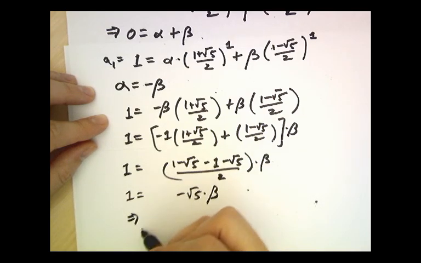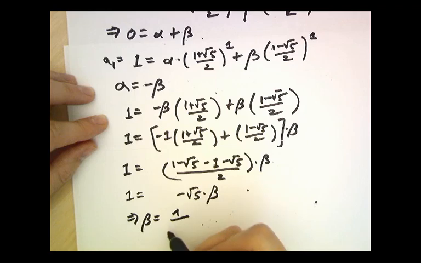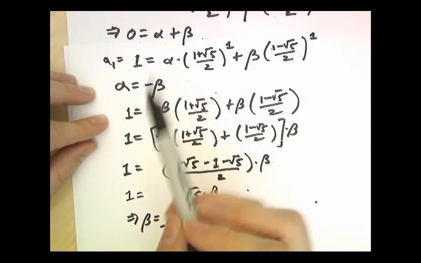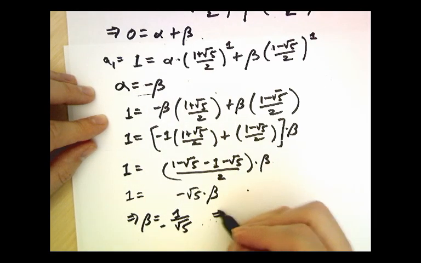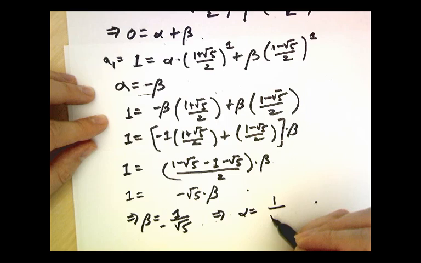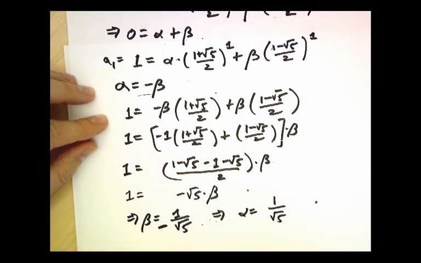And this implies beta equals minus 1 divided by the square root of 5. And since we said that alpha equals minus beta up here, this implies that alpha equals positive 1 over the square root of 5. Okay, so we've solved for our coefficients.